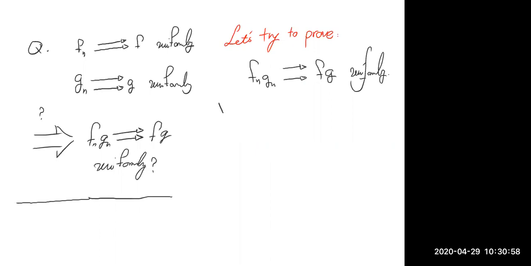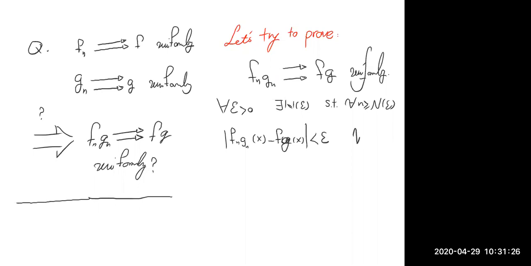What does it mean? It means we should show that for any positive epsilon, there exists a natural number N which depends on epsilon, such that for all natural numbers n greater or equal to N, the distance between Fn(x)Gn(x) minus F(x)G(x) is less than epsilon for any x in the domain.